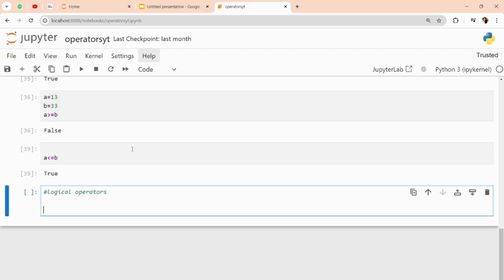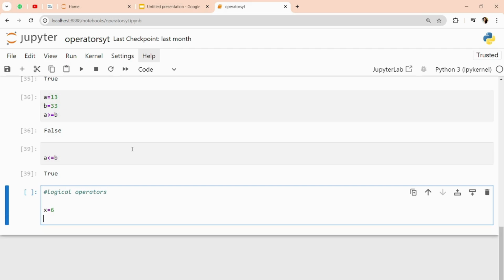So here in logical operators, let's take x equal to something like 6. I want to check x is greater than 5 and x is greater than 1. So x is 6. Is 6 greater than 5? Yes.